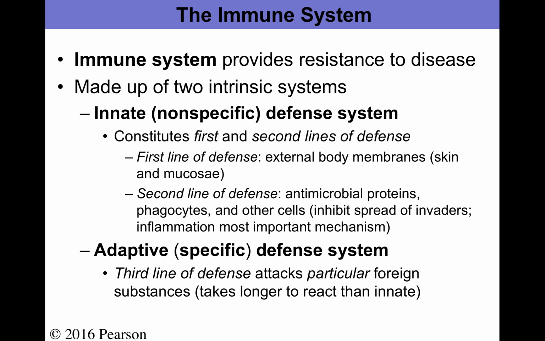a more basic version of our defense, which is known as the innate or non-specific defense system. So the innate or non-specific defense system is identified as the first and second line of defense, as it works in two distinct levels. One is basically providing external protection that prevents the bacteria from getting into your system in the first place.